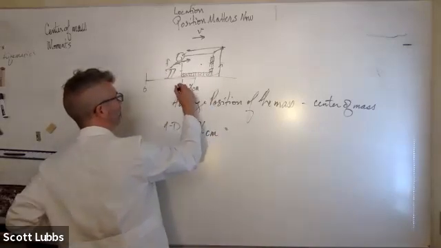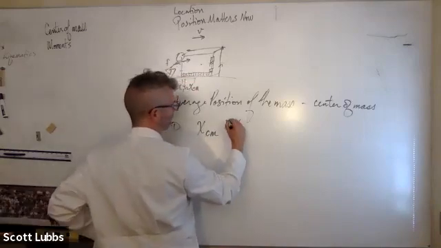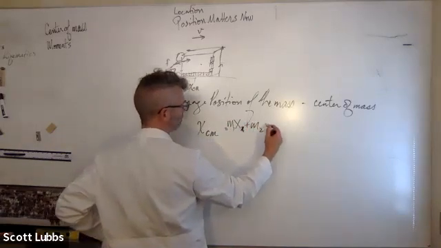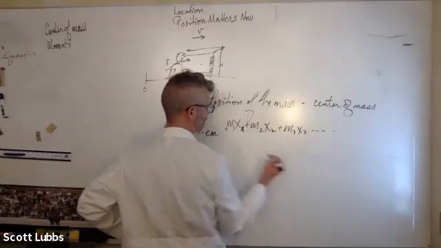So I will have here at x1, here at x2, a little bit of mass 1 at position 1 plus mass 2 at position 2 plus mass 3 at position 3, and so forth and so on.